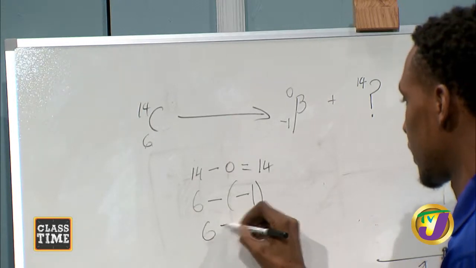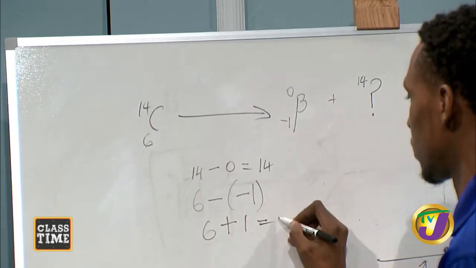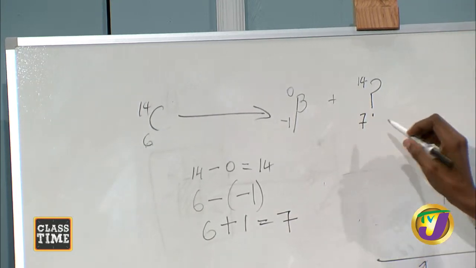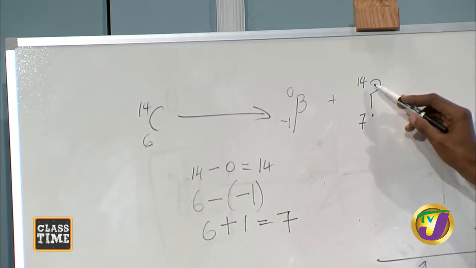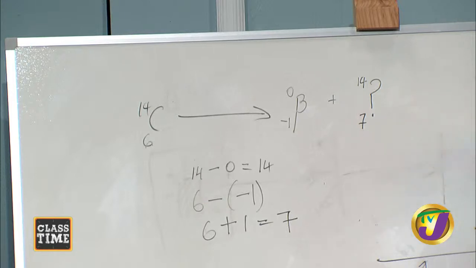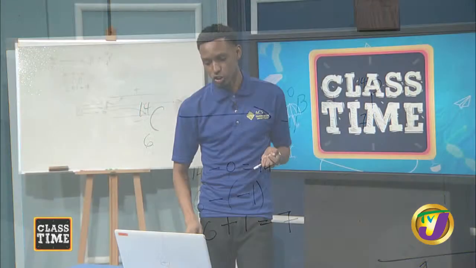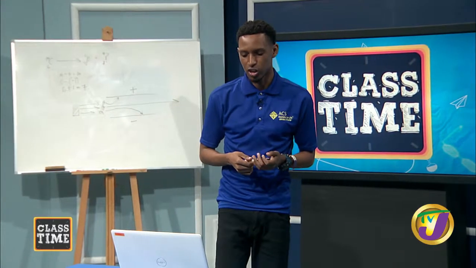This is equivalent to 6 plus 1, which is equivalent to 7. So this unknown element has a mass of 14 and an atomic number of 7. If you look on your periodic table, you'll see that the element that has an atomic number of 7 is nitrogen. And that's the equation that we have.